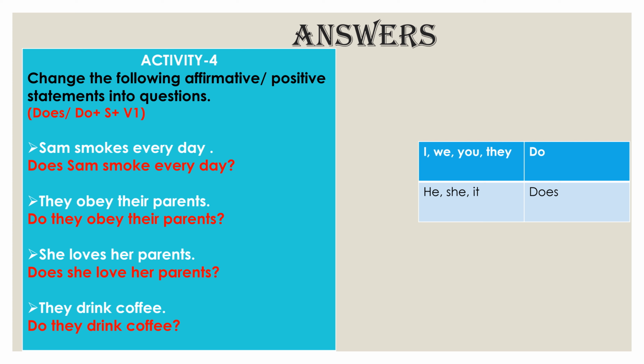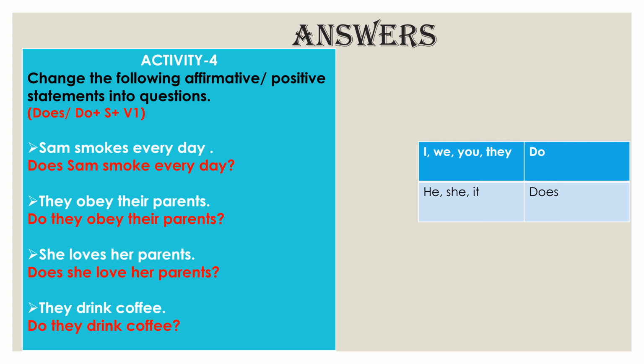Activity 3. Change the following affirmative or positive statements into questions. Structure: does or do plus subject plus V1. Sam smokes every day. Answer: does Sam smoke every day? It's not does Sam smokes every day.